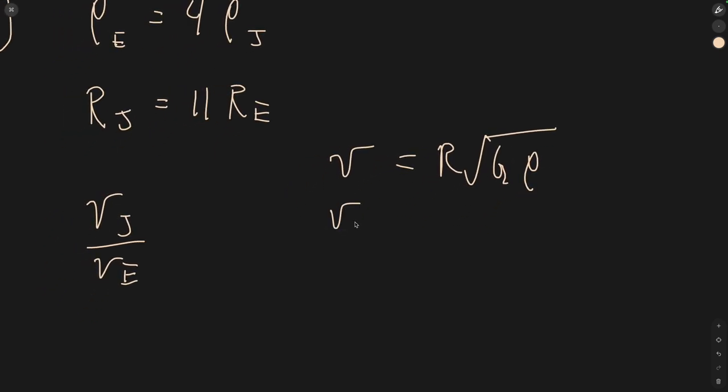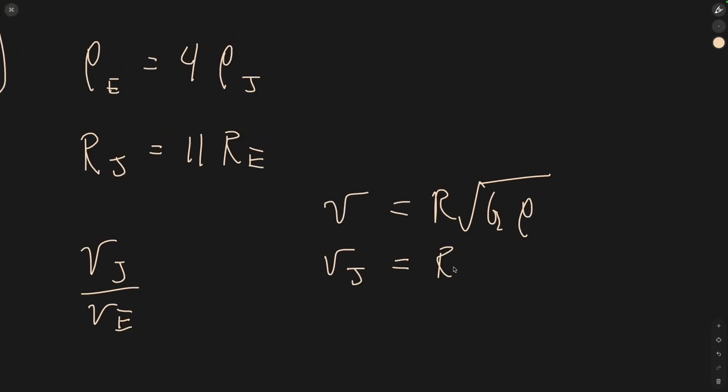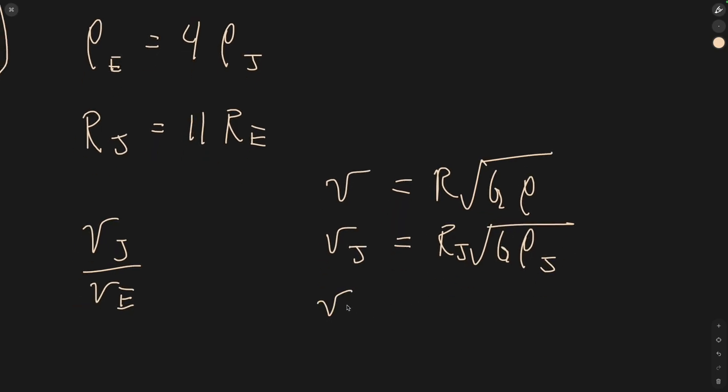So V for J is R for J times the square root of G times rho for J. And V for E is R for E times the square root of G times rho for E.